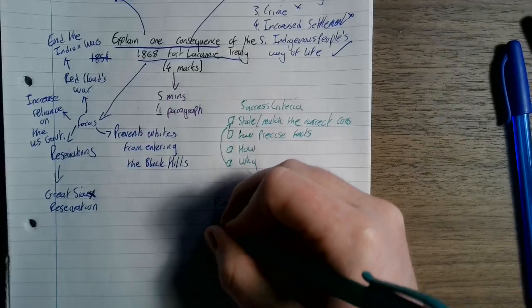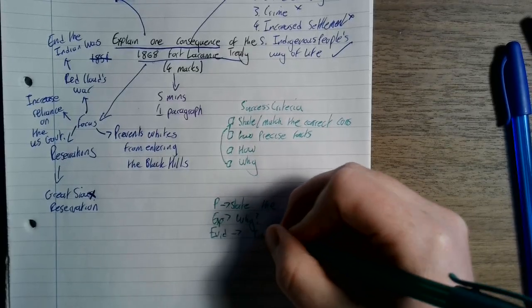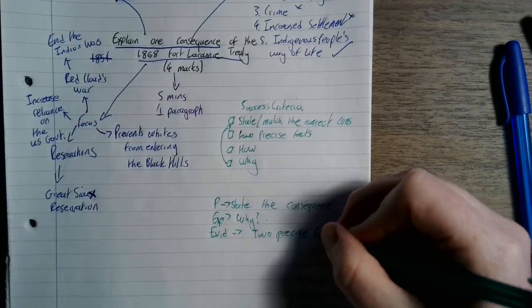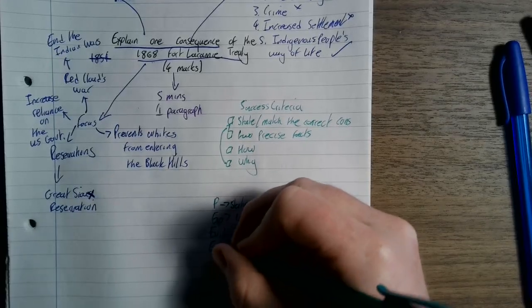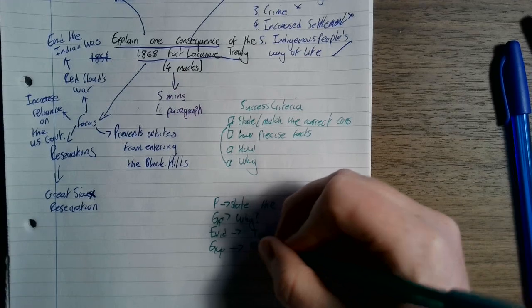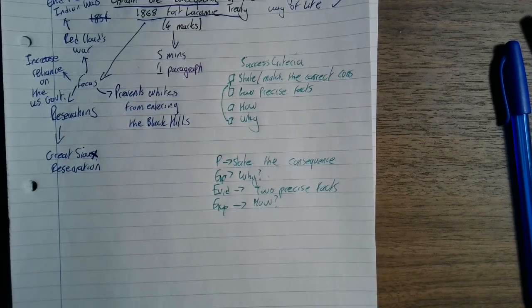Then you go on to your evidence, and that's when you bring in your 2 precise facts. And then finally you go back to explanation again, and that's when you say how. It sounds really weird and really awkward, but it's the best way to get 4 out of 4.